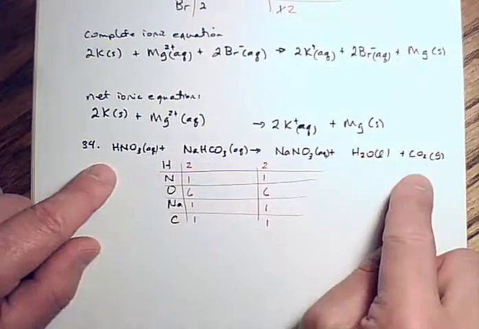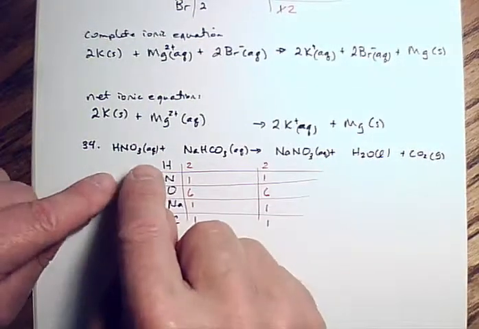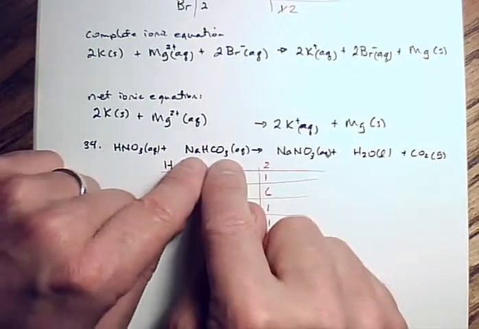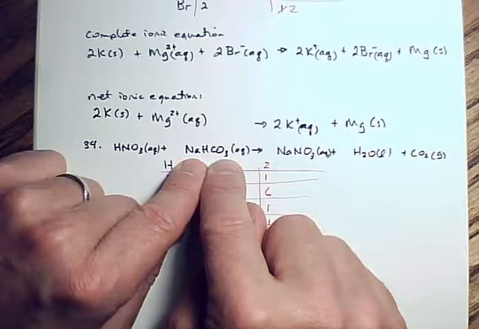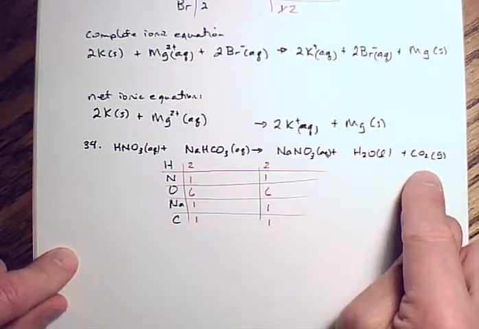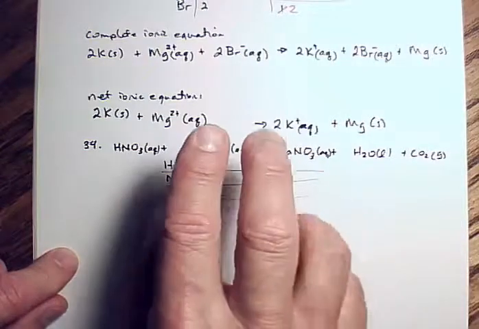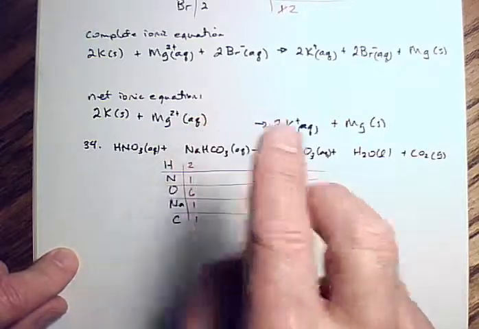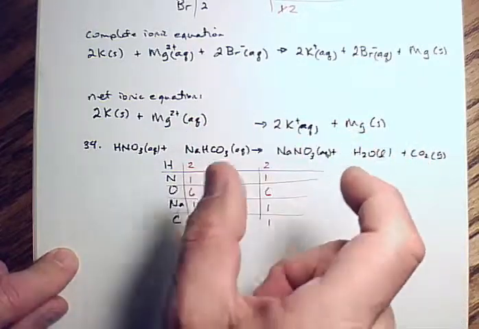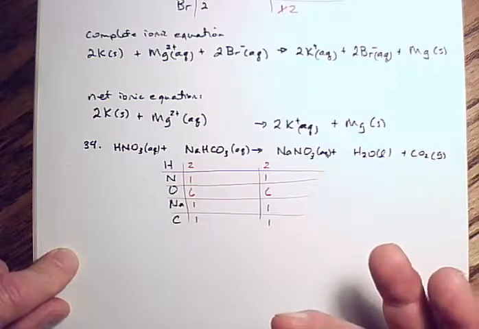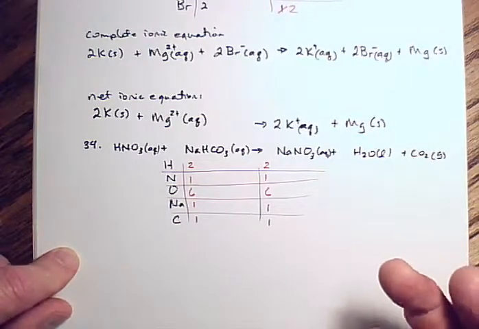So a complete ionic equation is when you split up those things that are either acidic like this or ionic like this into separate ions. Okay? You keep everything in the equation, but you split up those things that are either in one category, ionic or acid, and in the other category, aqueous. It has to be both those categories to split it up. Okay? So sometimes you have ionic compounds that aren't aqueous, and so you don't split those up.